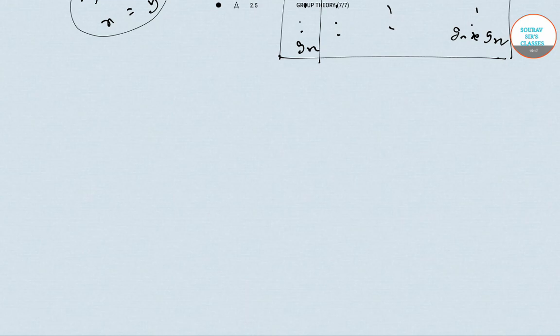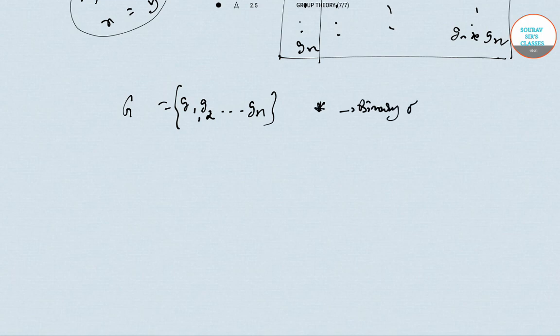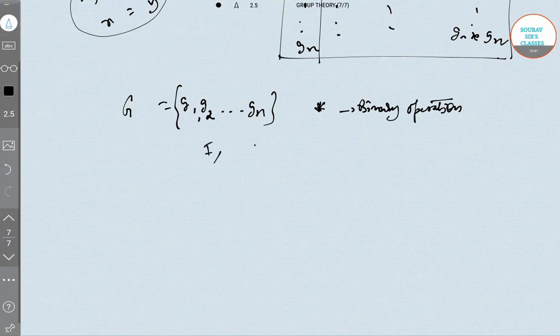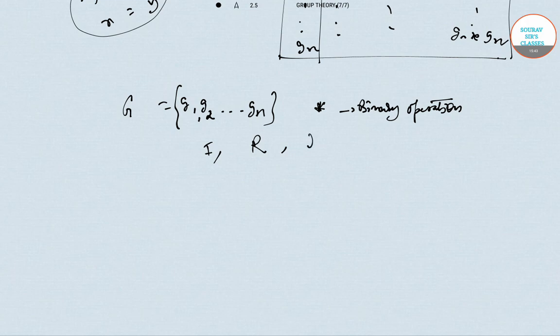Next we will talk about groups of numbers. So let G equal to g1, g2 dot dot dot gn, and let * be the binary operation. Okay? Remember, if I give an example, the set of integers, set of rational numbers, set of real numbers, set of complex numbers form a group with addition as the binary operation.